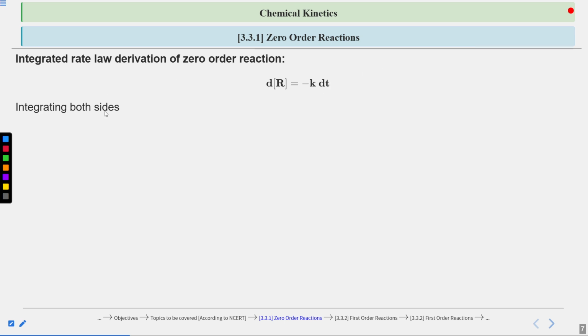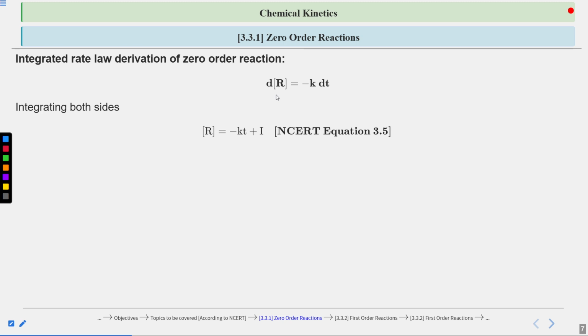So when you integrate both sides of this equation, the integration of dR, a little change in R, will become R, because dR represents a little part of R, or you can say R2 minus R1, a little part of the whole reactant.